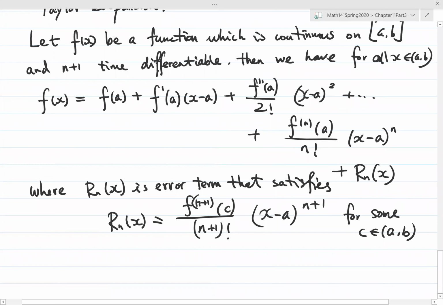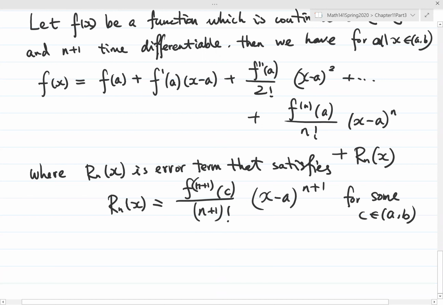Now the idea of a Taylor expansion is that it generalizes the mean value theorem and linear approximation. In linear approximation, we don't have control of the error term, and here we have good control of the error term.